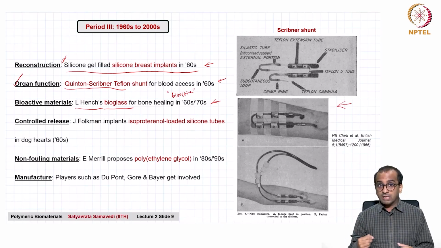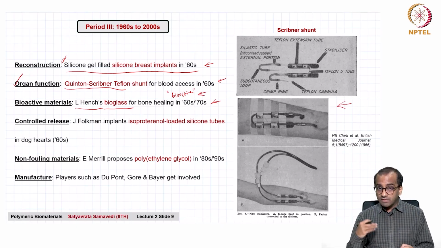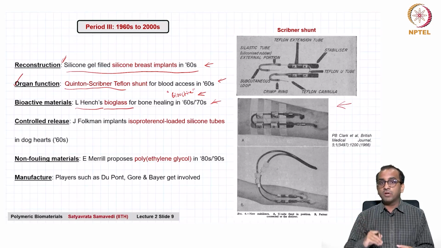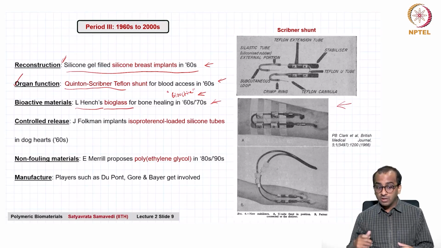Again, this is a word whose formal definition we will look at in a subsequent lecture, but what's important to note here is this bioglass became important because it was bioactive, where it was actively doing something to promote bone healing, as opposed to titanium implants, for example, where they were largely serving a mechanical function. In contrast, bioglass could initiate new bone growth and promote better osseointegration.